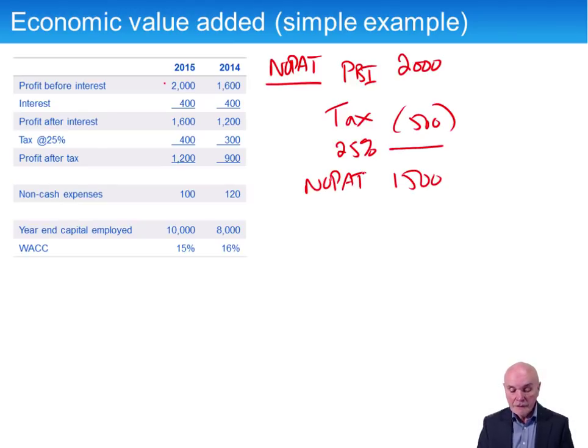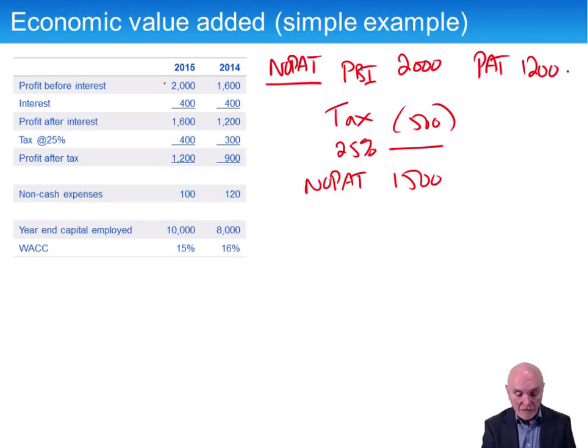Or what you can do is you can start with the profit after tax, the 1200, and then what we do is we have to add back the interest. Okay, so it's after tax, and what we're going to do is add back the interest. But the interest which is effectively in that 1200 has enjoyed tax relief.